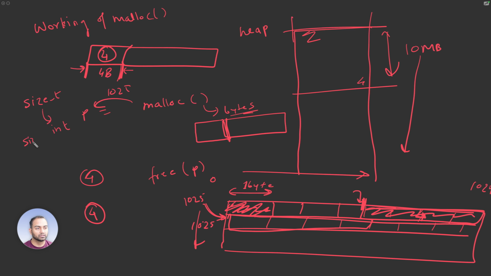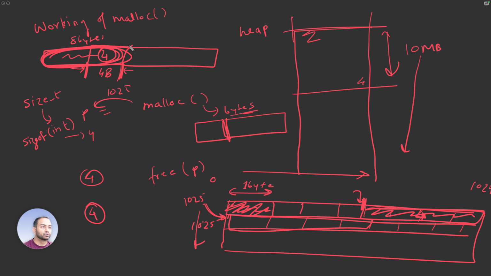So you take the size of int, which happens to be 4, right? Had this been not int but long, then it would have allocated 8 bytes extra. And so it is keeping the information about how much memory area to free.